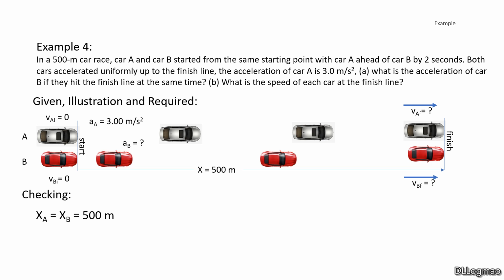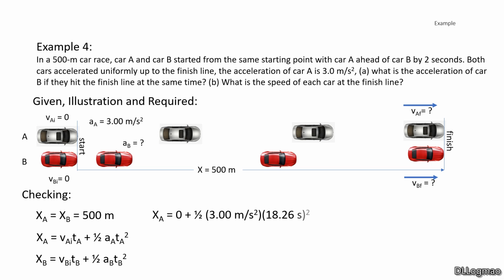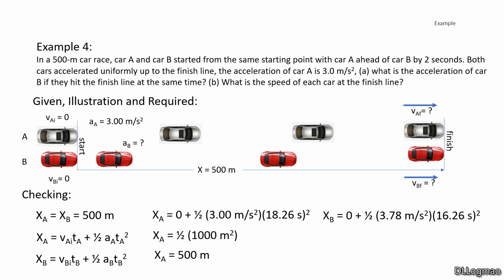Distance traveled by car A is equal to the sum of the product of initial velocity and time and half of the product of acceleration and the square of time. For car A, 500 meters, and for car B, 500 meters. The distance traveled by the two cars are the same, suggesting that the computed acceleration of car B is correct.